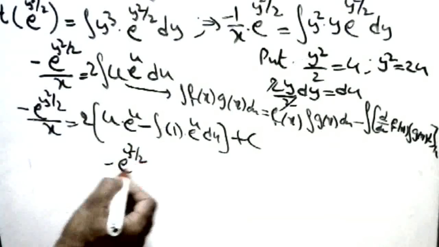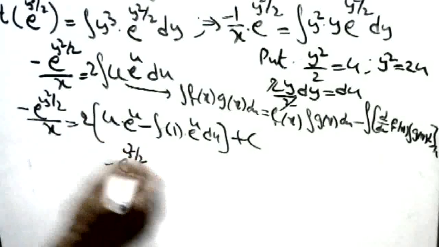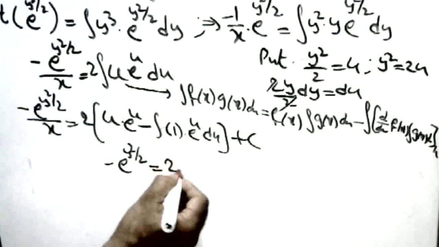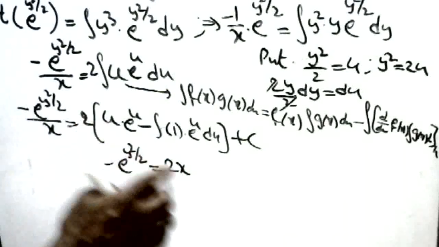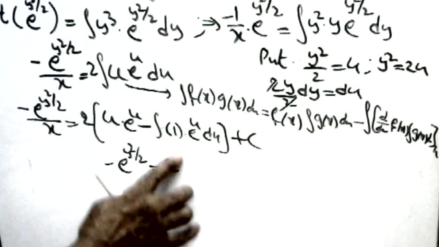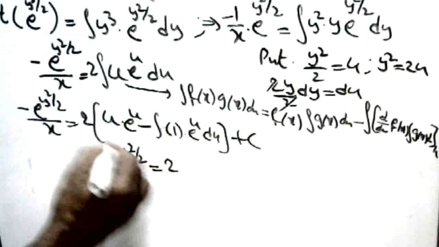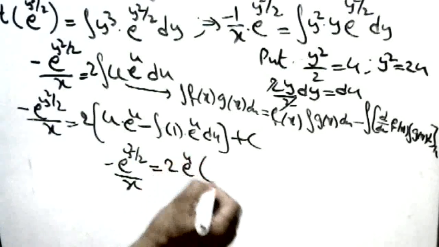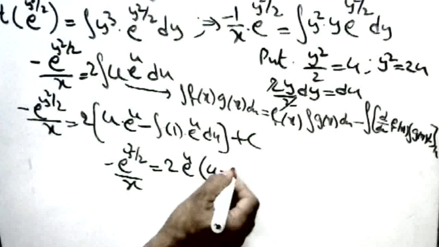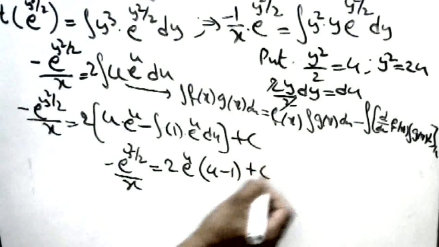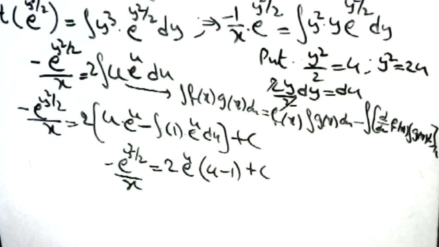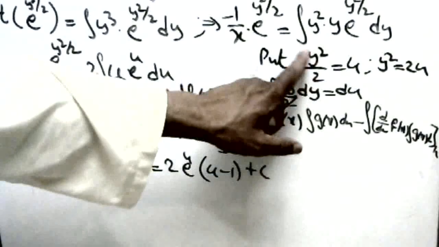So minus e to the power of y square by 2 by x equals 2 into e power u, taking e power u common, left with u minus 1, plus c. Now lastly change the value of u.